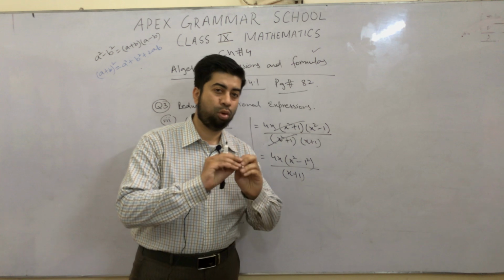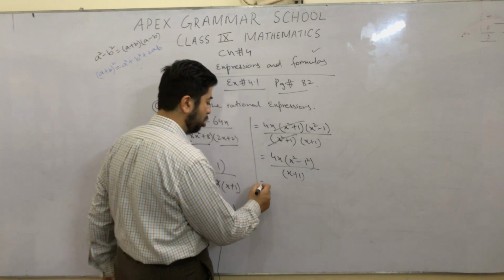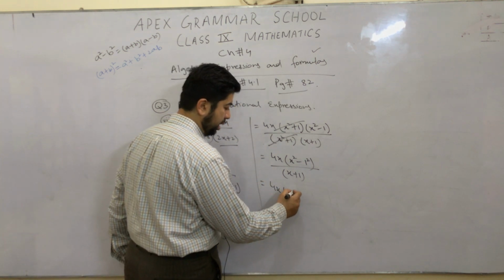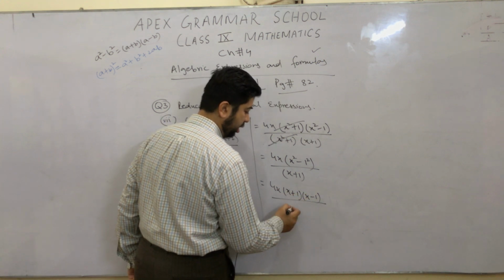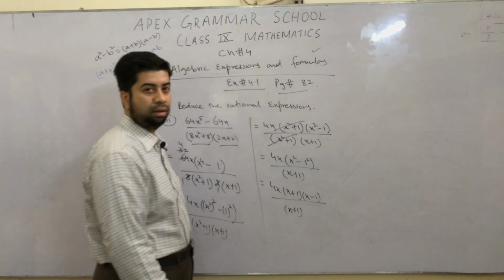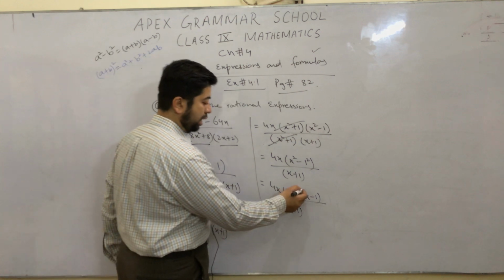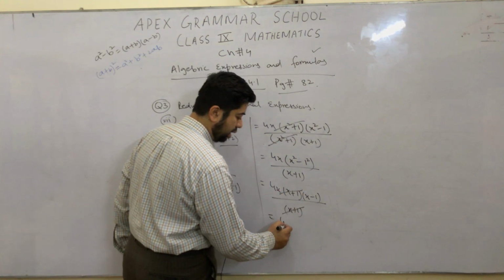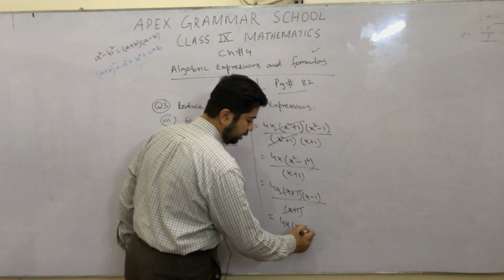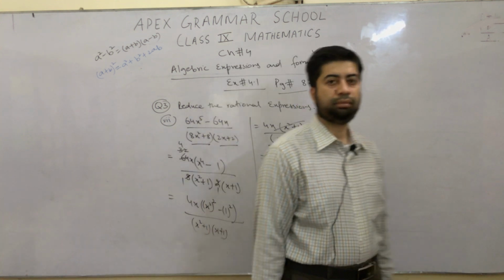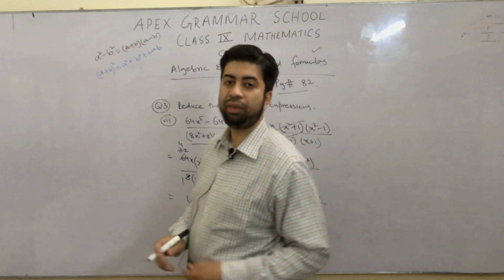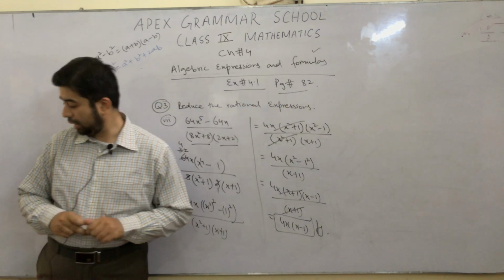So you can open it in the form of 4x into x plus 1, x minus 1, and in the denominator x plus 1. So cancel it. Now the answer will be 4x into x minus 1. And that's it. After that, we have part number 8.